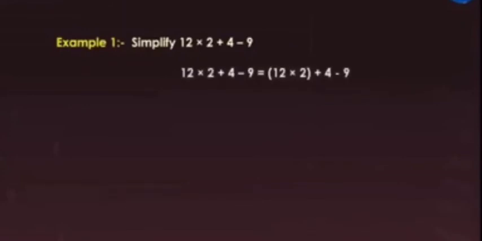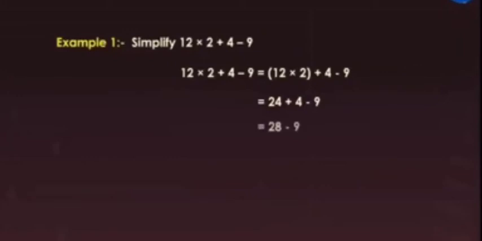Remember children, multiplication comes before addition and subtraction. Example 1. Simplify 12 multiplied by 2 plus 4 minus 9. First multiply 12 into 2, which is 24. Then add 24 plus 4, which is 28.